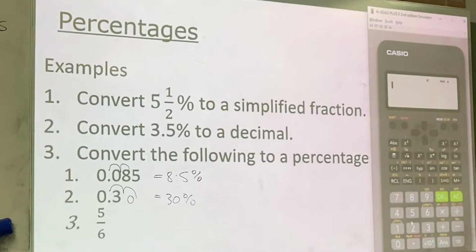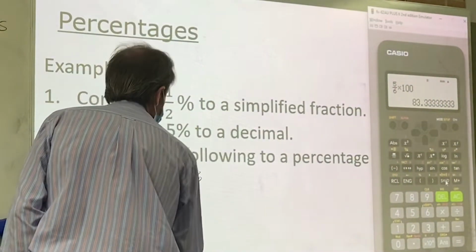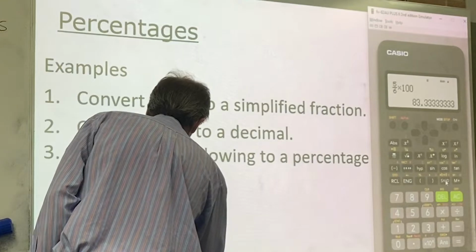Again, grab your calculator. This time we just press the fraction button. 5/6 times 100 equals 250 over 3. That's as a fraction. A better fraction could be that, or a decimal. So that is equal to 83.